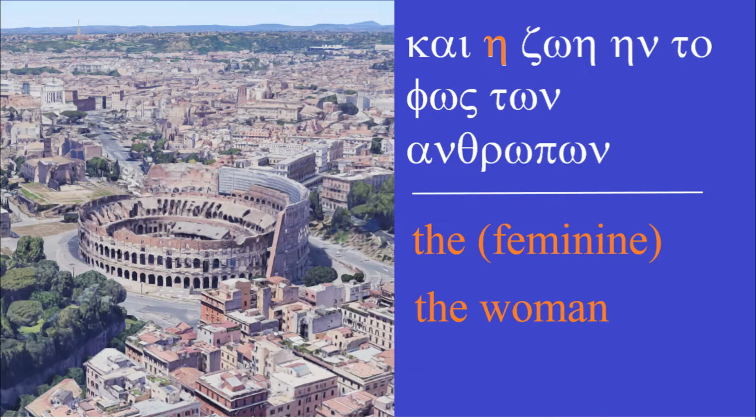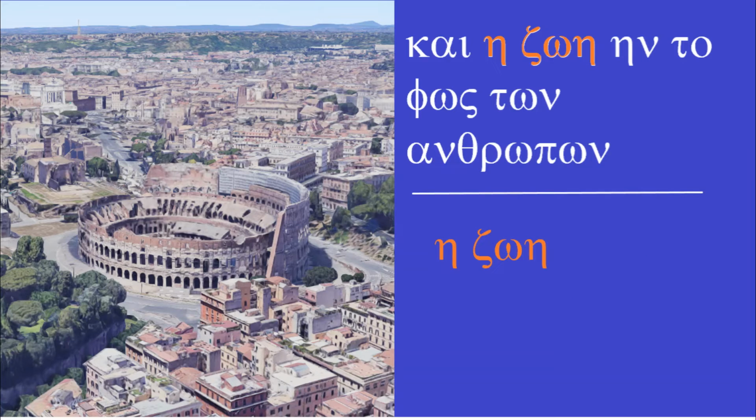So the word "the" in Greek is going to change based on whether it's masculine, feminine, or neuter. But hē zōē, and it's not a coincidence that there's an eta for the feminine hē, and then zōē ends in an eta. So hē zōē is feminine. Hē zōē is saying "the life."